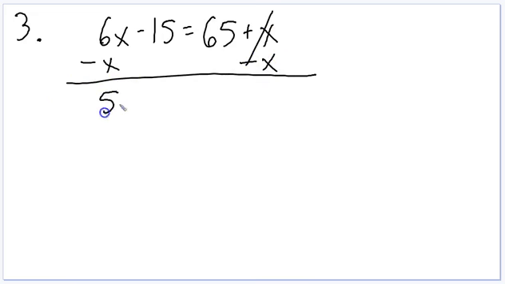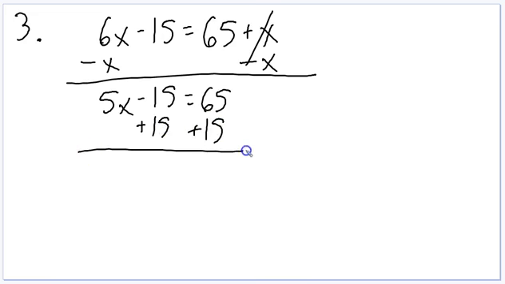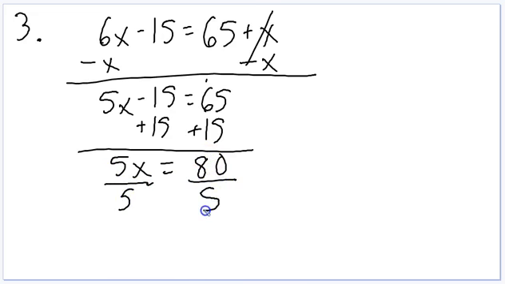I get 5x minus 15 equals 65. So I'm going to add 15 to both sides to get the variable by itself. I get 5x equals 5 and 5 is 0, carry the 1. I get 80. Okay? Now I have to divide. And I'm going to get the answer to be 16.